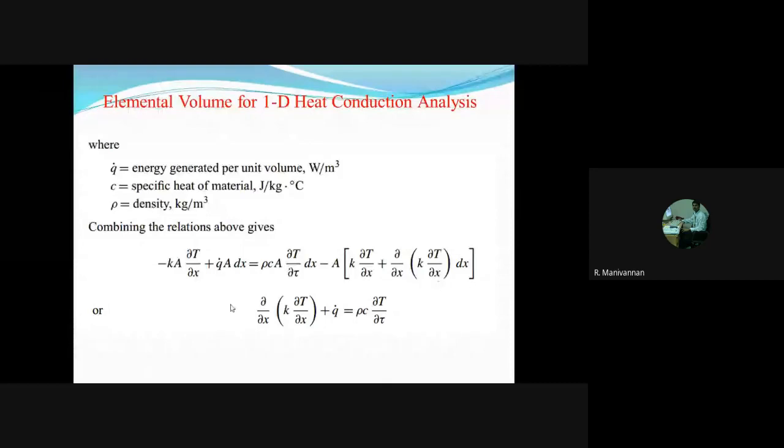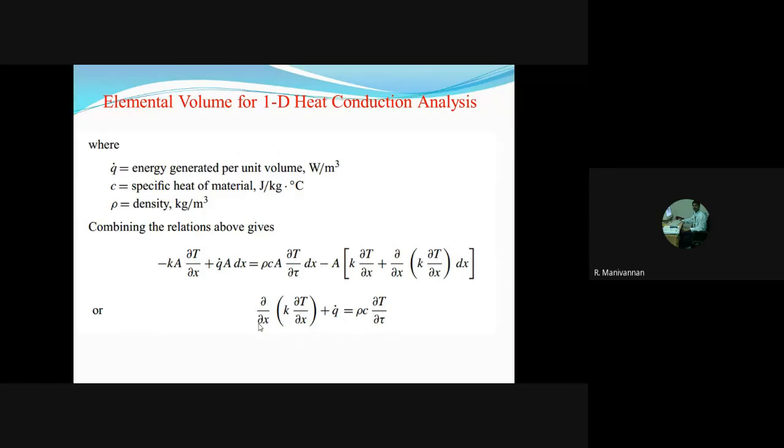Once we cancel, we get ∂/∂x of (k ∂T/∂x) plus q dot equal to ρc ∂T/∂τ. This is the general heat conduction equation for the one-dimensional case, for a Cartesian coordinate system.